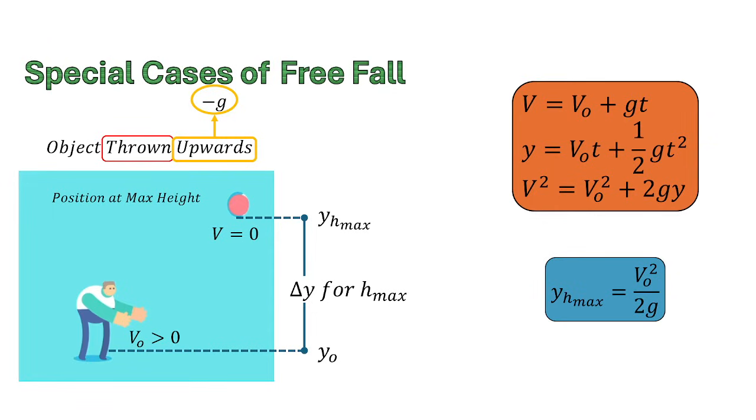The formula for y at the maximum height is equal to v squared over 2g. That is the third formula on the figure hovering above our derived formula.